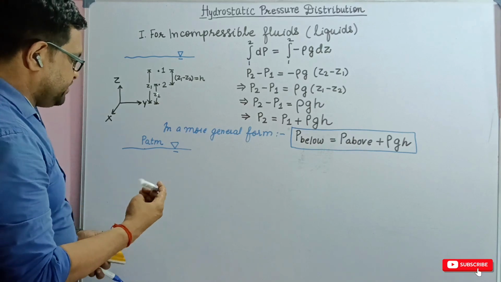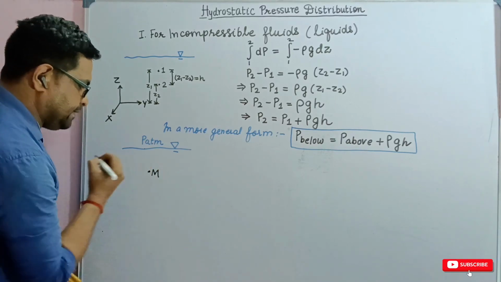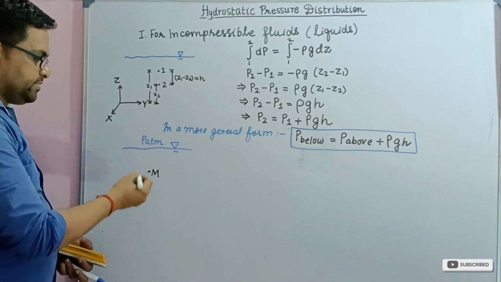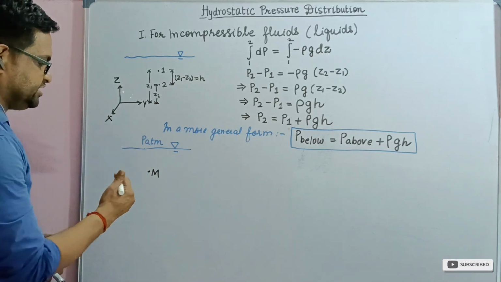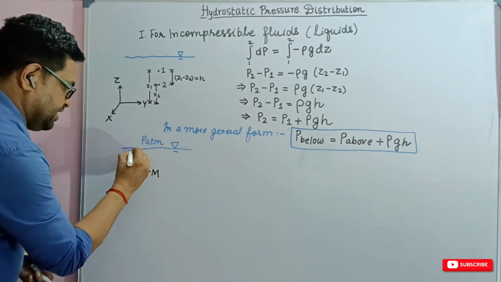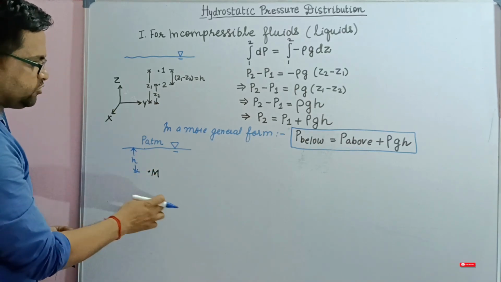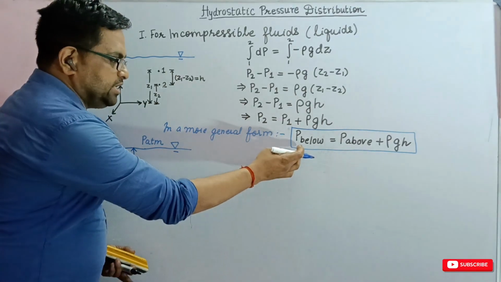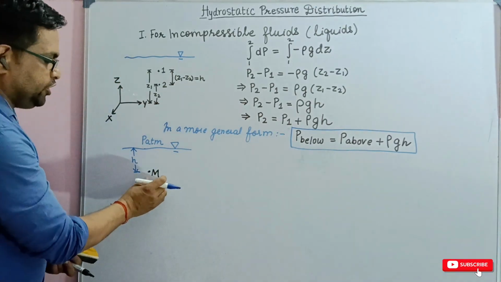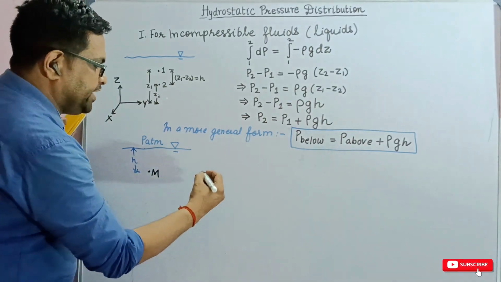Now let us consider one more point, say M, such that the depth of this point M from the free surface is H. Now we can use this equation and find out the absolute pressure at the point M.